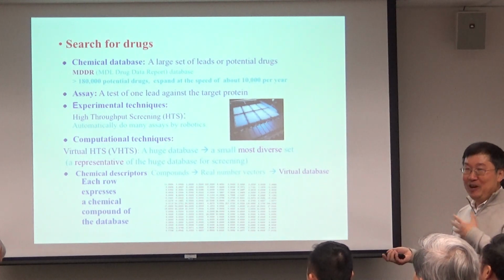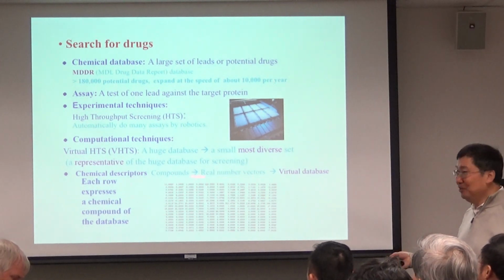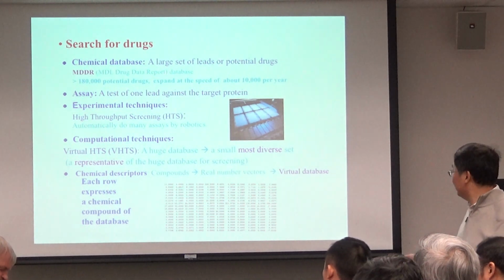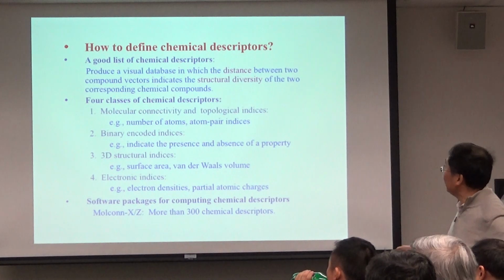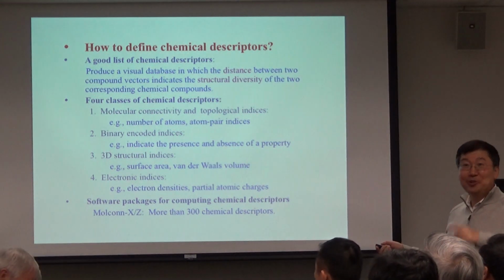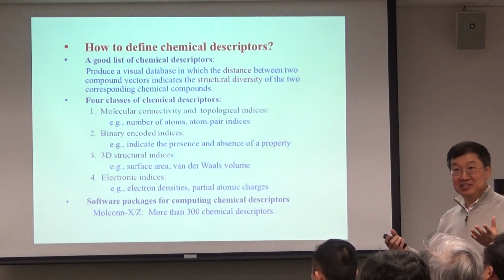For us, now you have a data set just like that. Each row represents one chemical compound. So that's called a virtual data set, or database. This is a little bit of the idea of how to define chemical descriptors to characterize a compound.